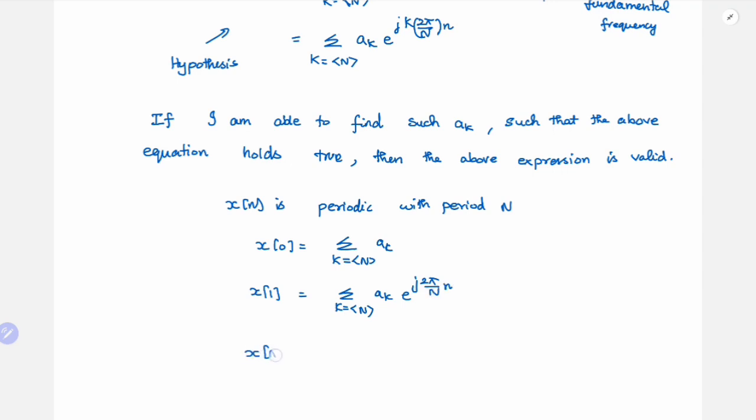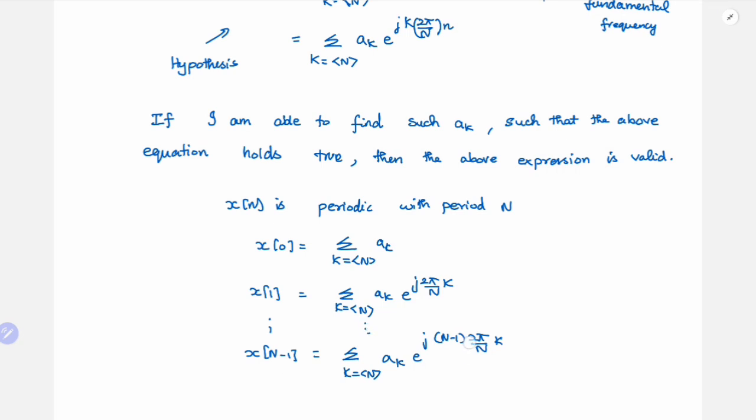And I can write until x of N minus 1, the summation over k of a_k e power j (N minus 1) 2 pi by N into n. Sorry, we are actually substituting n, right? So this will be k. It is still under the summation. So in this equation, we are only substituting n with 0, 1 and N minus 1.